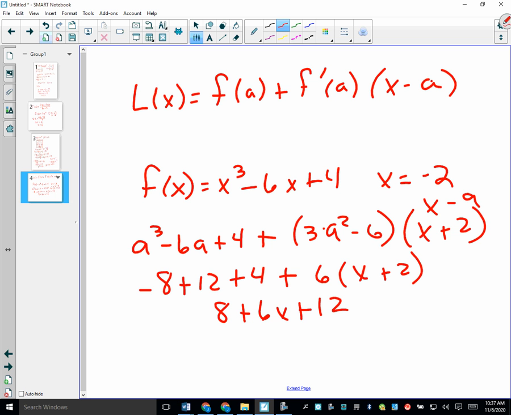No, because it's multiplied. Okay, so it's this formula. Do the formula with a. Everywhere there's an a, you plug in whatever is given. Just for the answer, we put L of x equals that. Equals 20 plus 6x.